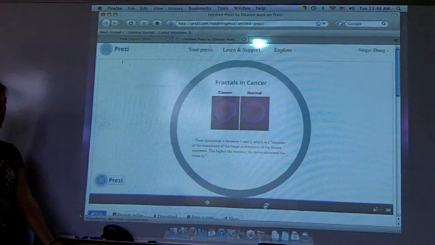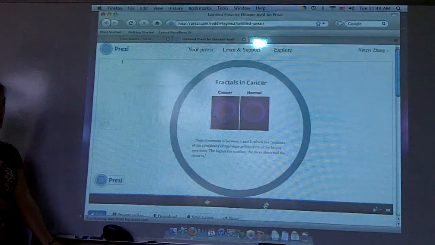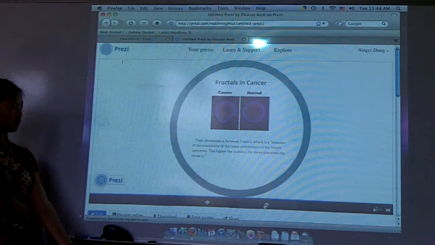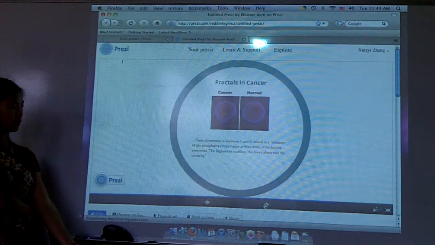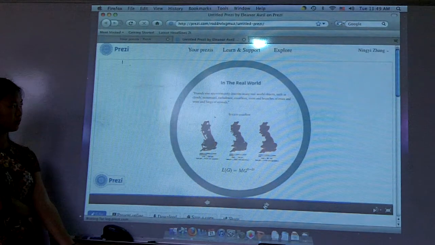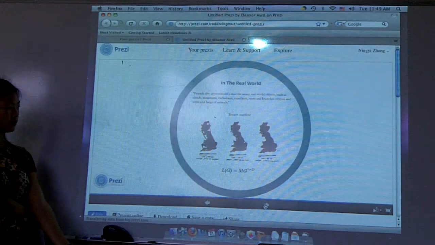So if you had a cell with a dimension of say 1.934, that would be a very abnormal cell, so it would be a cancer cell. But if you had one with a dimension of like 1.13, that would probably be a normal cell. And it makes figuring out whether a cell is cancerous a lot easier.